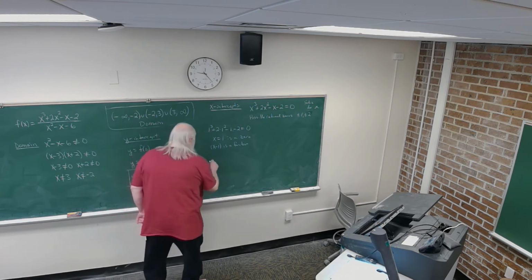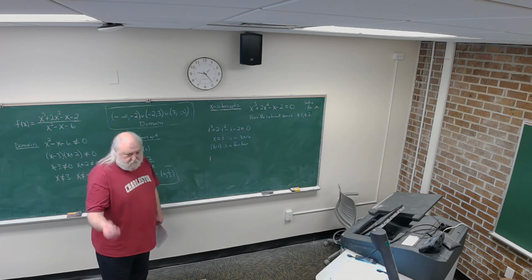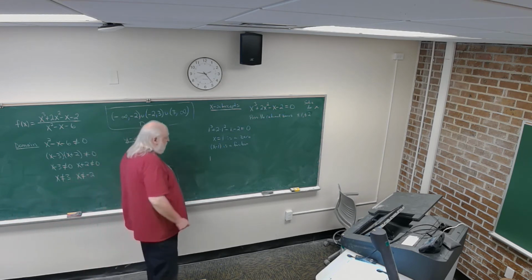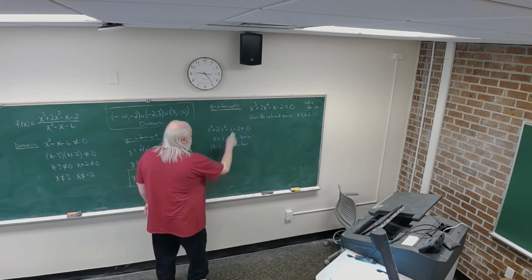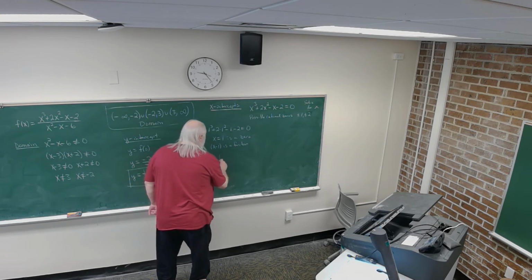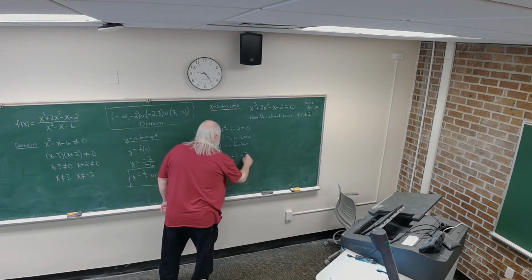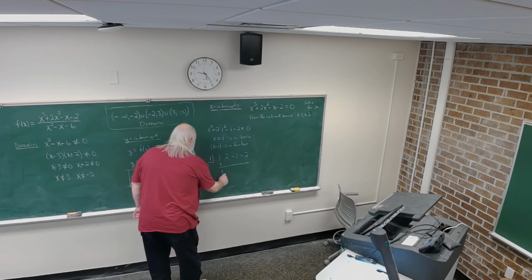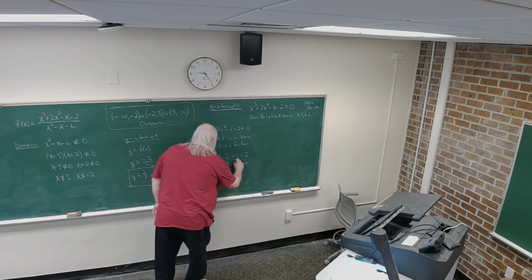Okay? Math is cumulative. Okay? So you never forget what you've already learned. You just bring it with you to the next subject. Okay? So 1 goes in the box, and then the coefficients of the third degree polynomial are 1, 2, minus 1, minus 2. Bring down the 1. 1 times 1 is 1. 2 plus 1 is 3. 1 times 3 is 3.